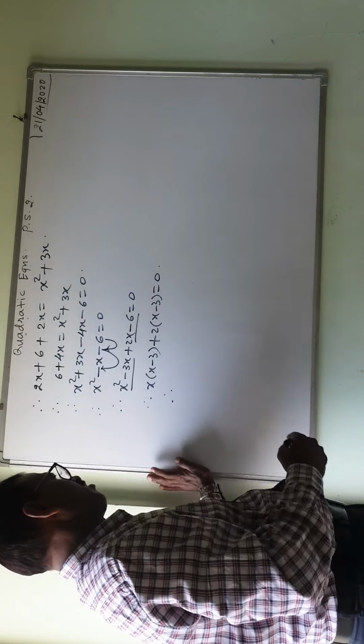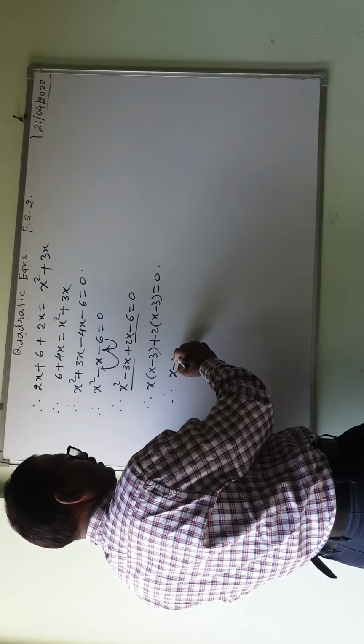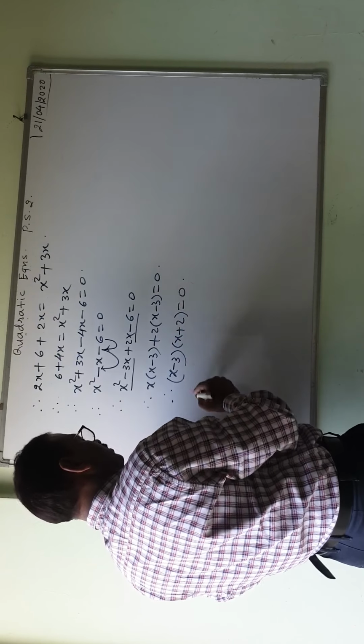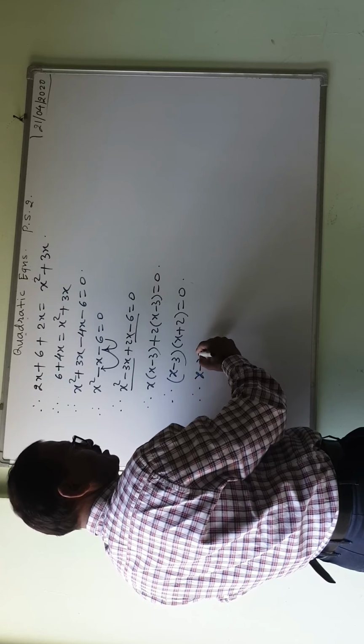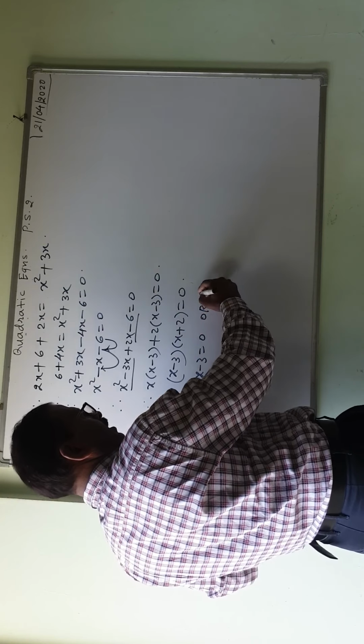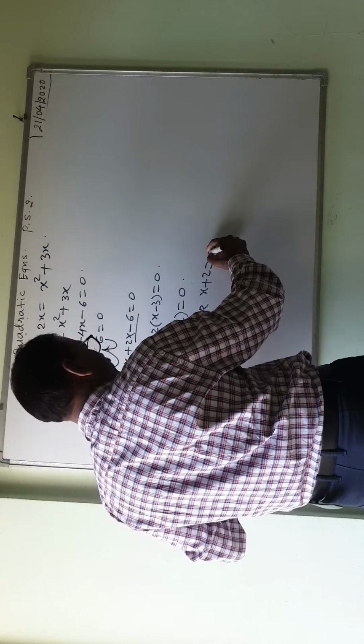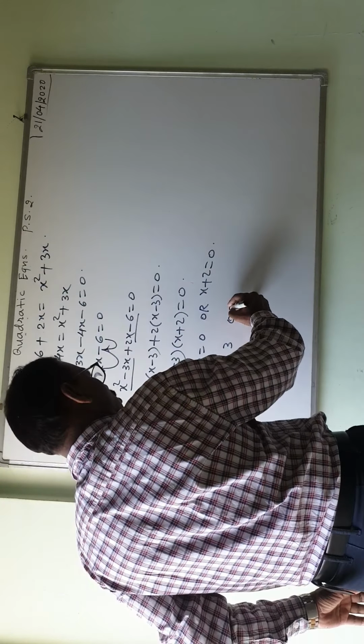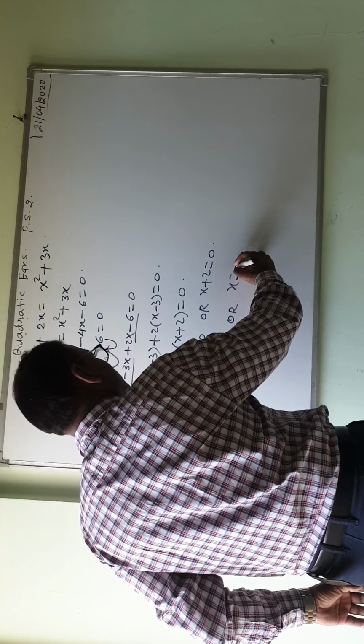Therefore, again common is x minus 3 into another bracket x plus 2 is equal to 0. Therefore, x minus 3 is equal to 0 or x plus 2 is equal to 0. Therefore, x is equal to 3 or x is equal to minus 2.